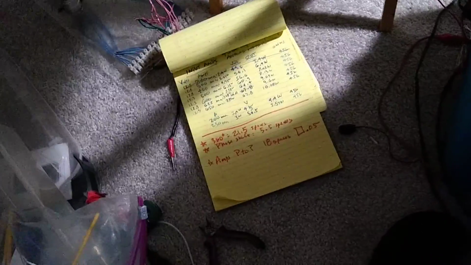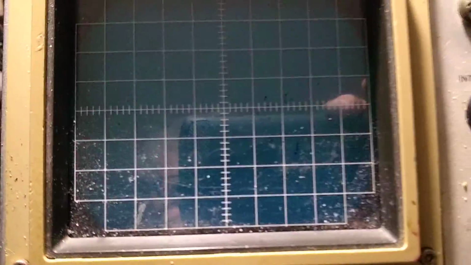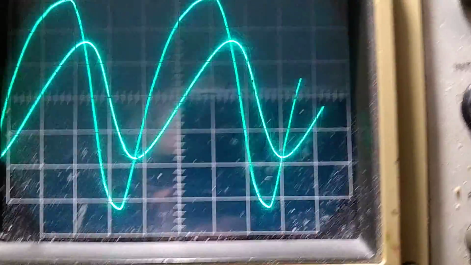Now, what I want to do also is the overlap period, where the volts and the amps overlap.